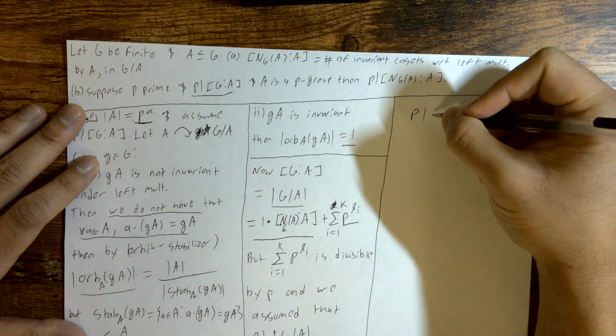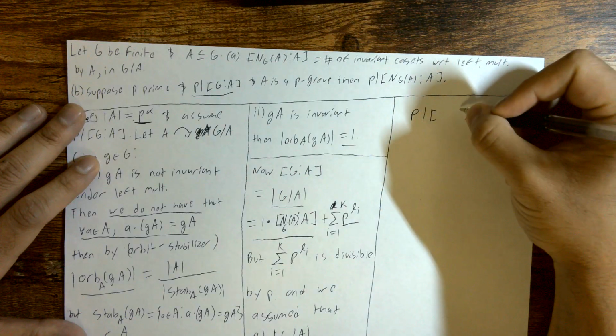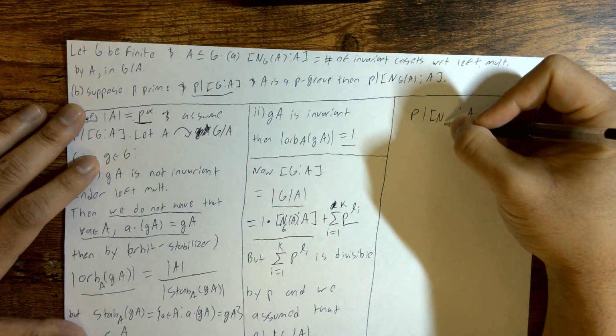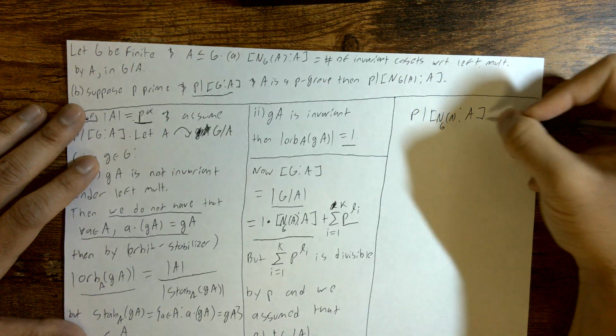So p divides the index of A in its normalizer, which is what we wanted.